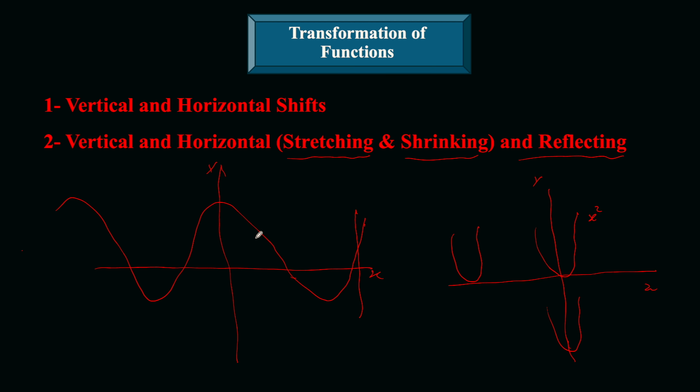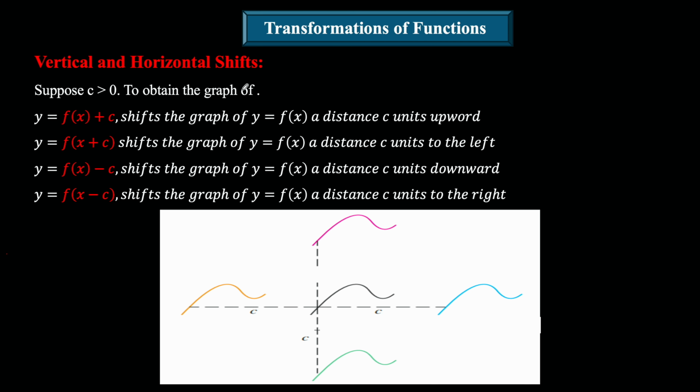Let's say this is stretched, okay? So if I want to shrink it, it will become like that. So this is the meaning of shrinking, okay? So we'll see examples and all details about that.